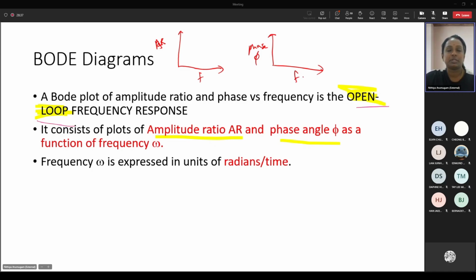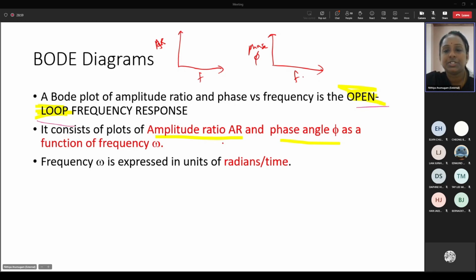Open loop frequency response means the reduced diagram, the final diagram. So there's no feedback loop or anything. We're just going to come out with one single diagram, right? One single block diagram. So we call that open loop frequency response. Okay, so this is the summary of what I mentioned.